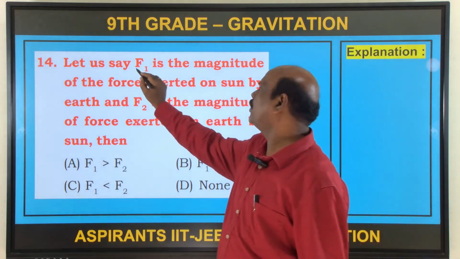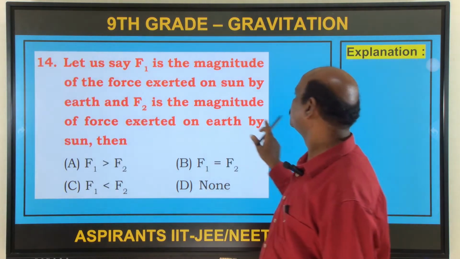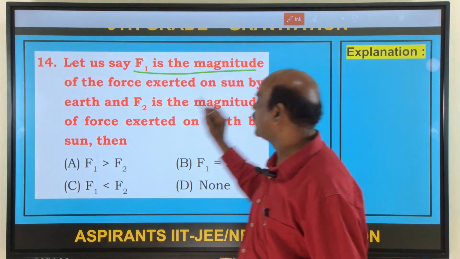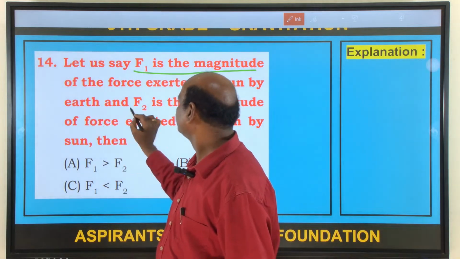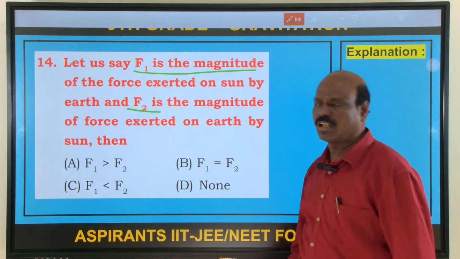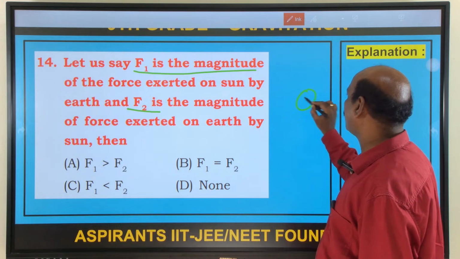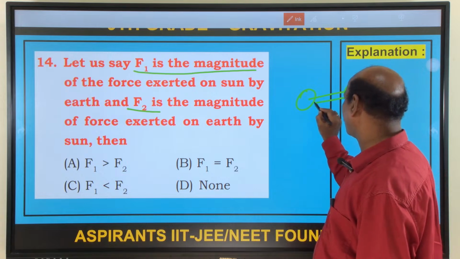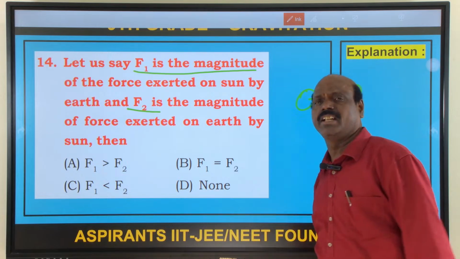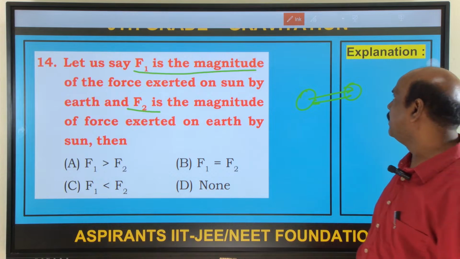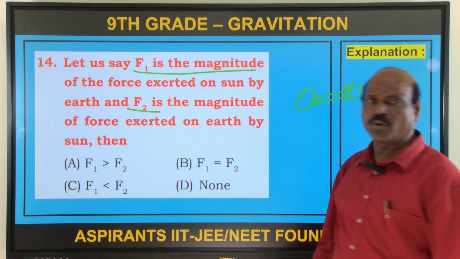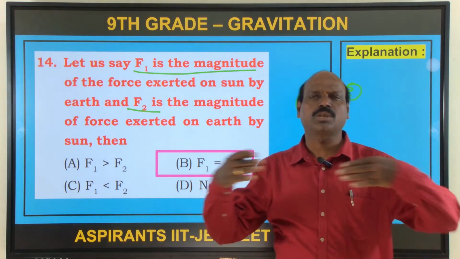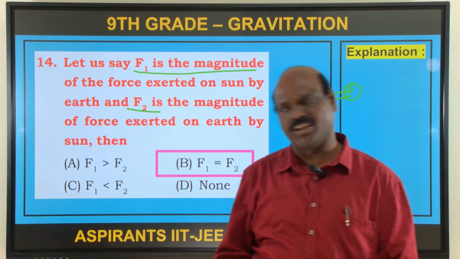Then, according to Newton's third law, the force exerted by one object on a different object is equal to the force exerted by that other object in the opposite direction. Here you can see that the forces are equal, hence F1 is equal to F2, but both are acting in opposite directions to each other.